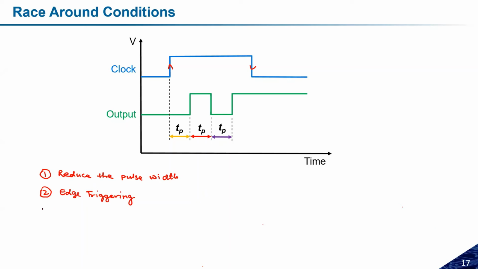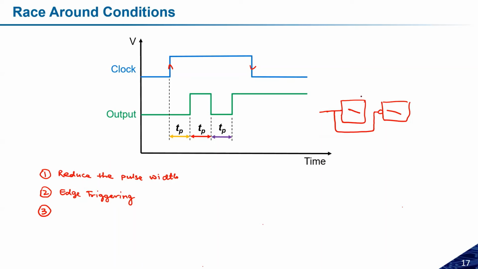The third condition is the master slave kind of structure. Master slave structure means I can use two flip-flops, and the activation of both flip-flops is opposite to each other. If the clock is active high for one, the other should be active low.